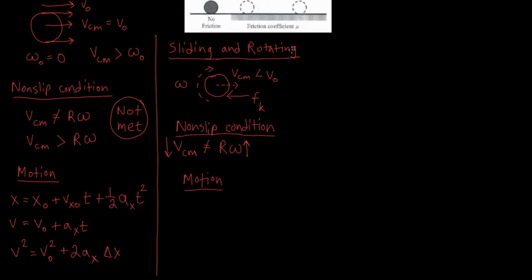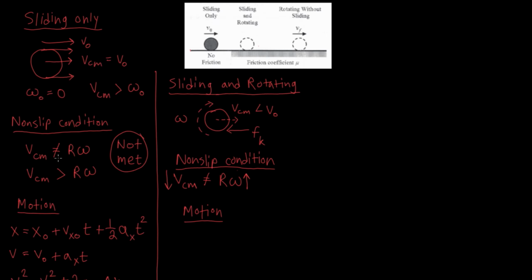And so since the object is sliding and rotating, note that there's a frictional force, or a net force, which acts on the object as it slides and rotates. And so we would have to take that into account. But note that previously, when the object was sliding only, there was no friction on the ball or on the object.